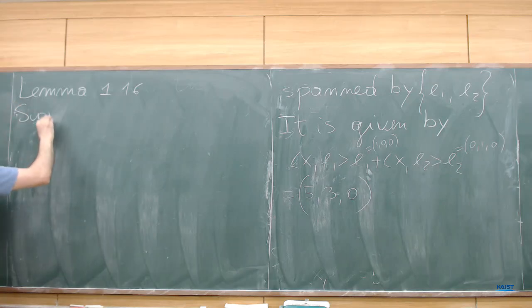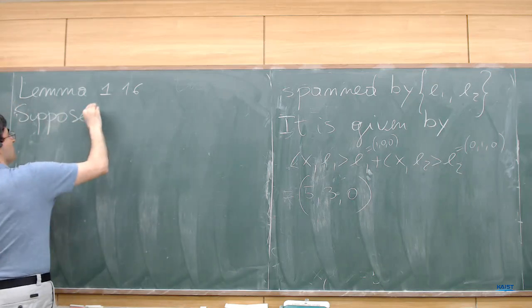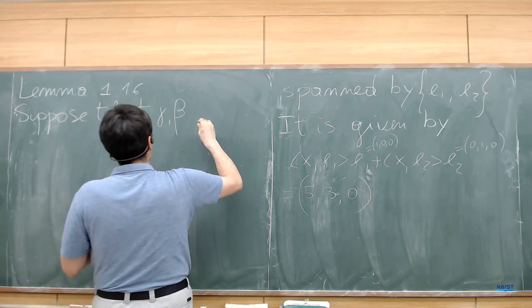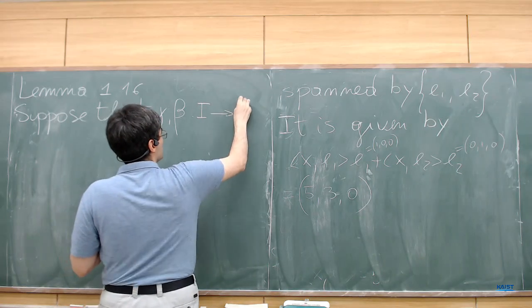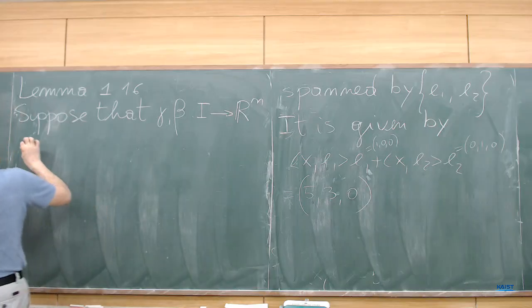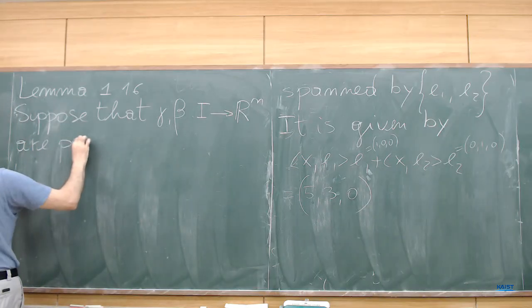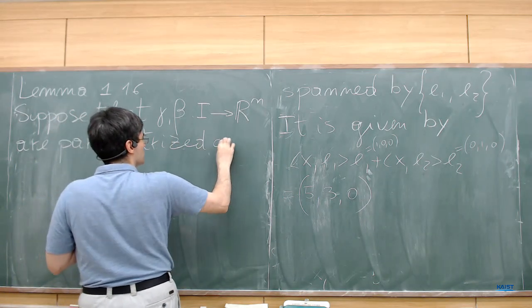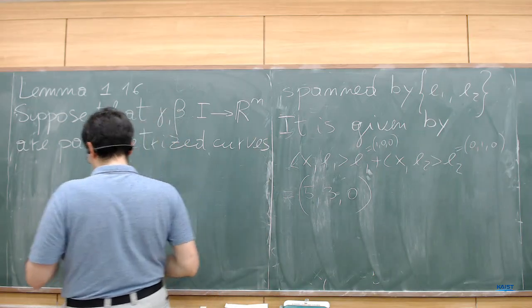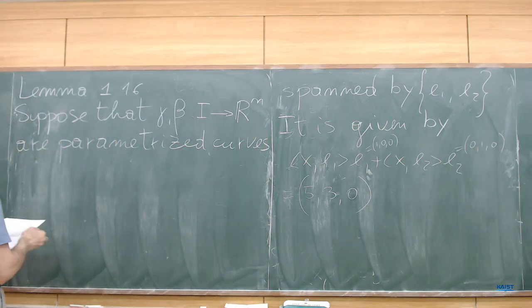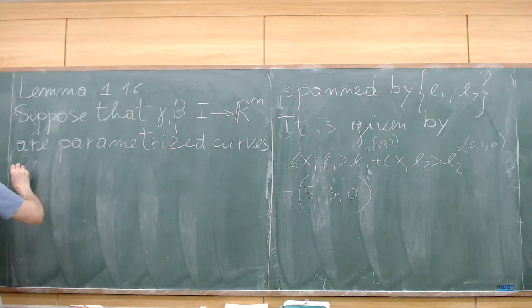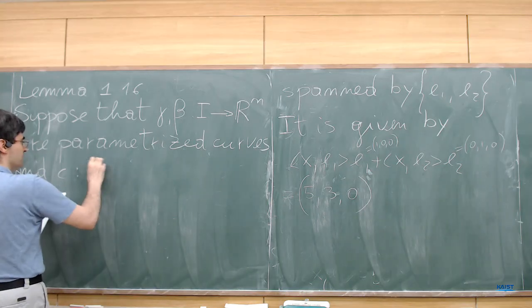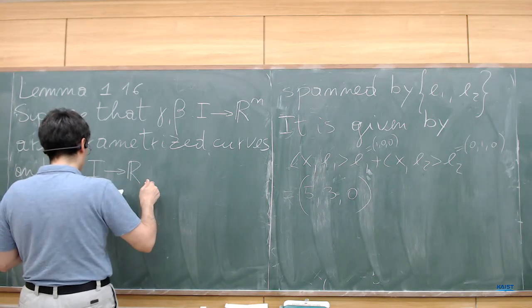Suppose that gamma and beta defined on I with values in Rn are parameterized curves, and c defined on I with values in R is a smooth function.